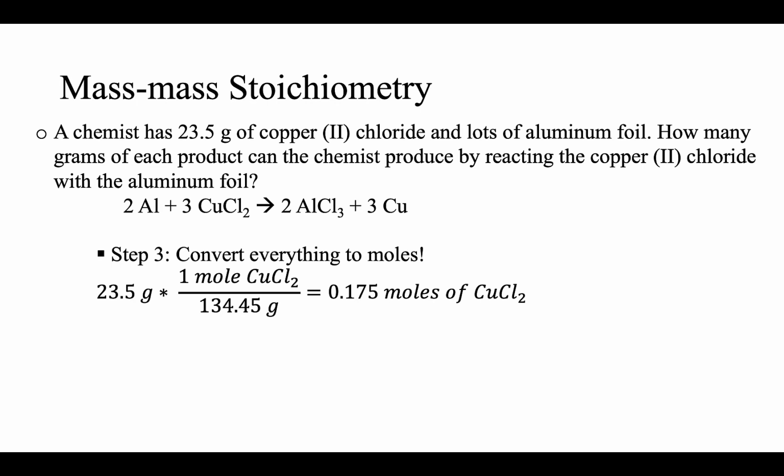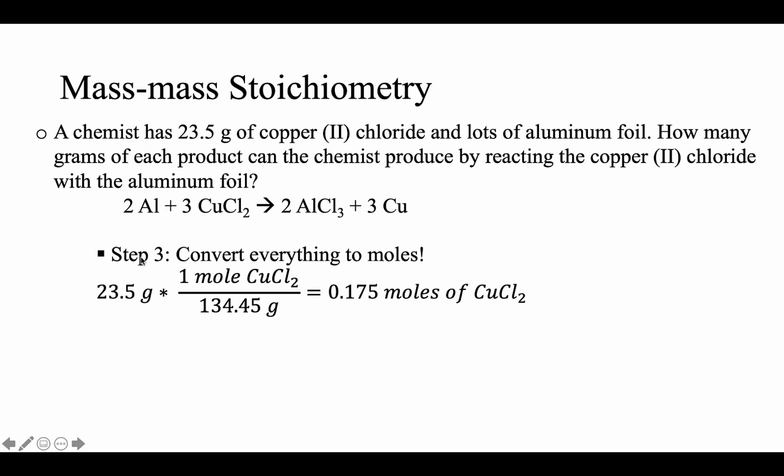And step 3 here, surprise, would not be the BCA table, because in order to put everything in your BCA table, you need to make sure all the values are given in number of moles. In the question here, the amount of copper 2 chloride is given in grams.